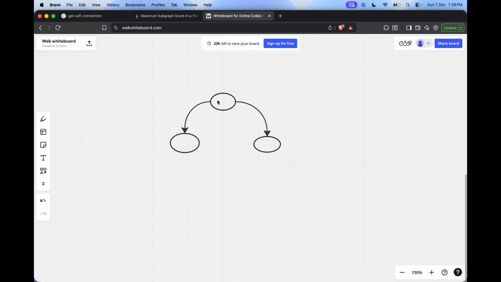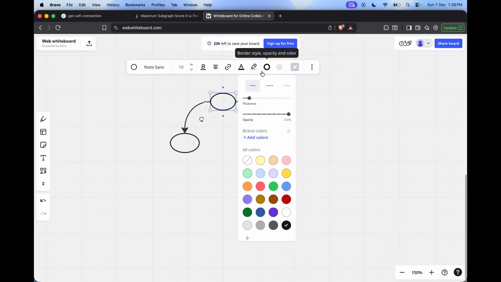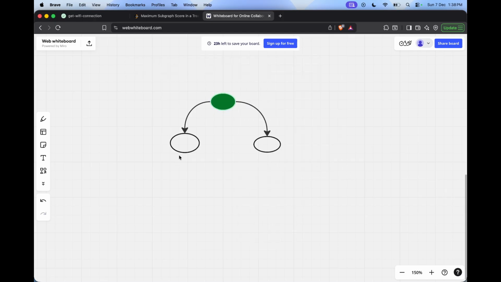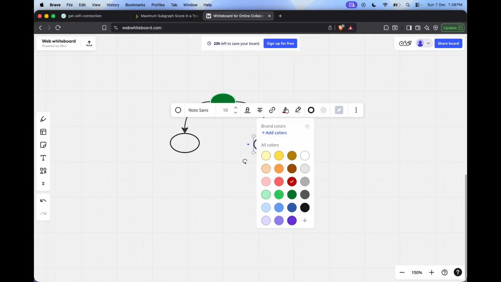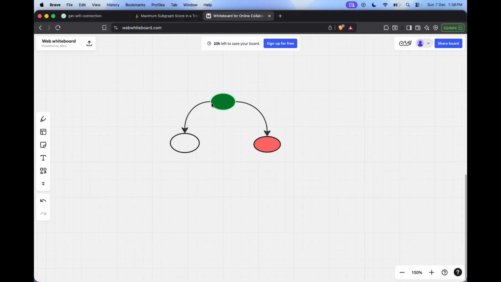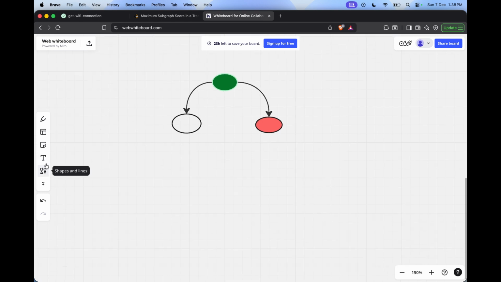Now, if this particular node is green, that means that it is good. All right. And if it is red, then it means that it is bad. Now, a green node contributes +1 to our answer, and a red node contributes -1 to our answer. All right. Now, for any connected component that includes a given node I, we want to compute the sum of good nodes minus bad nodes.